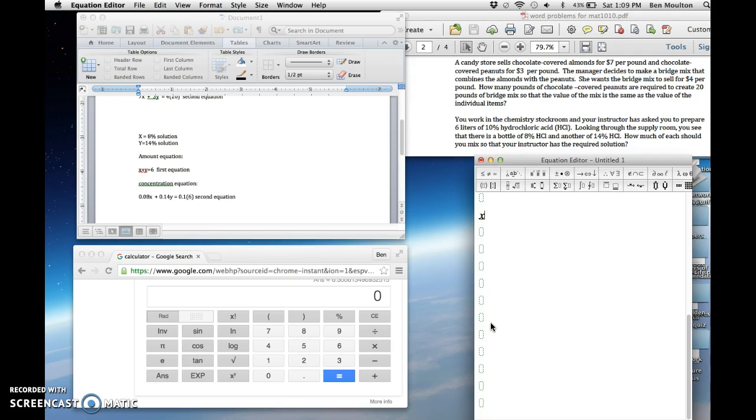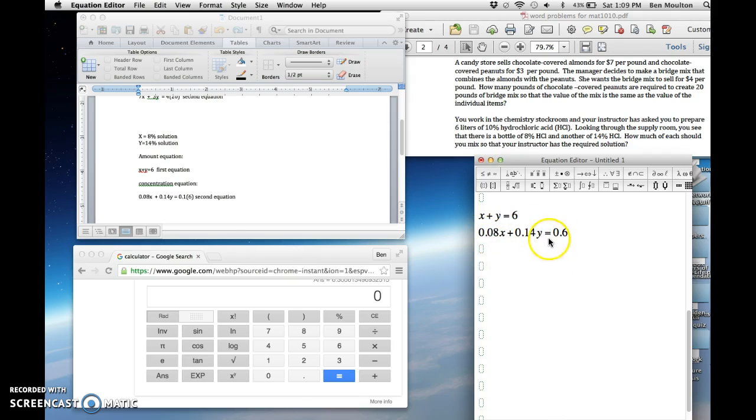So our first equation, we're looking at x plus y equals 6. Our second equation is going to be 0.08x plus 0.14y, and that's going to equal, I'll go ahead and multiply that out, that's going to be 0.6, right? 0.1 times 6 is 0.6. So those are the two equations I'm going to use.